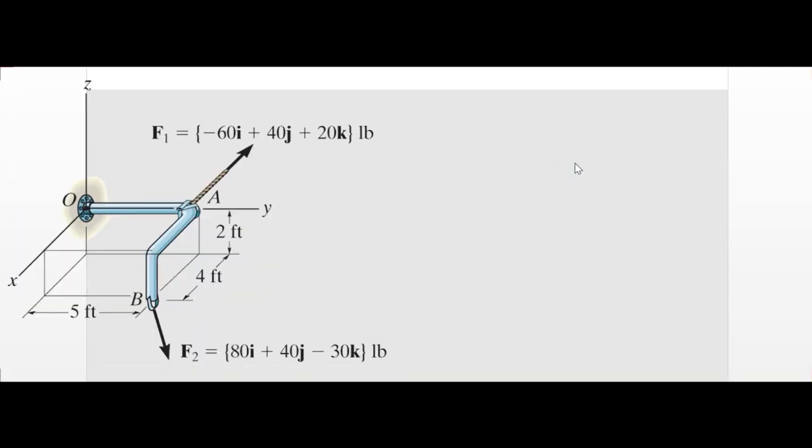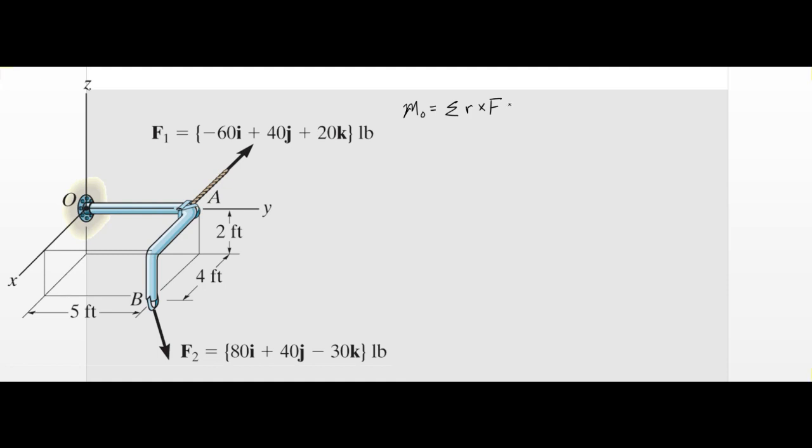So we would like to calculate, in problems that have multiple forces, the moments about a point. In this problem, we have two forces about two different points, and we'd like to calculate the moment about point O. So how do you do that best? The moment M about O is equal to the summation of R cross F. Well, that's a nice form, but we need to translate what it means in this problem.